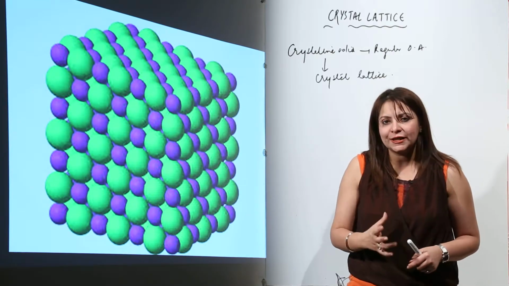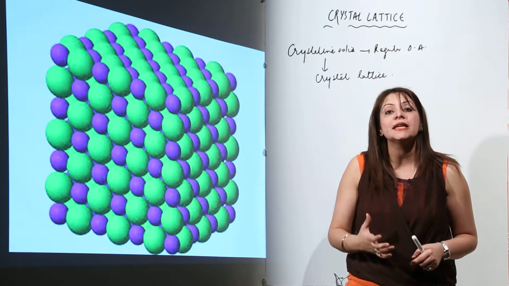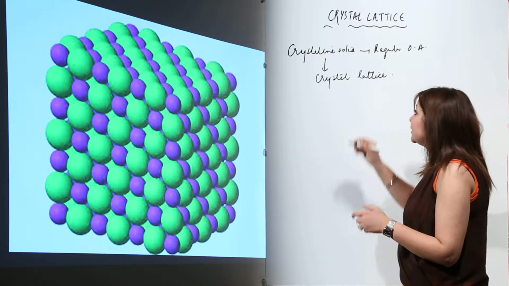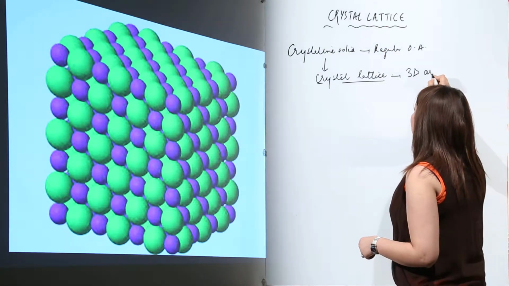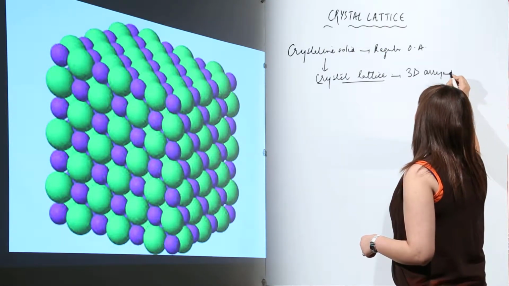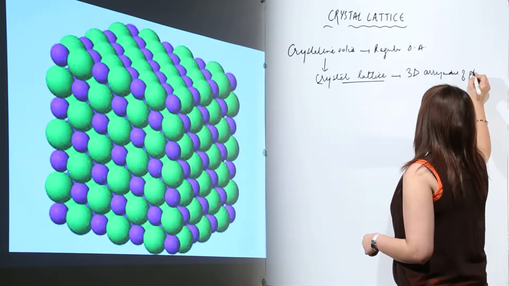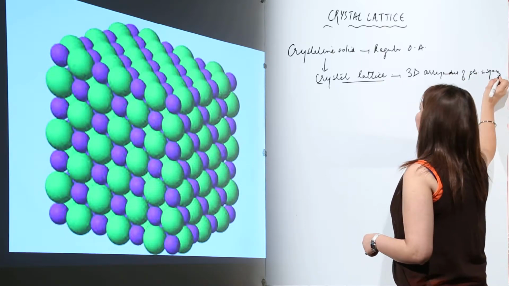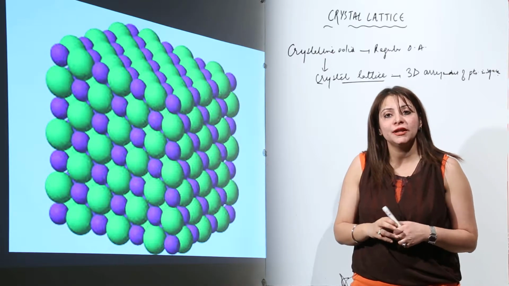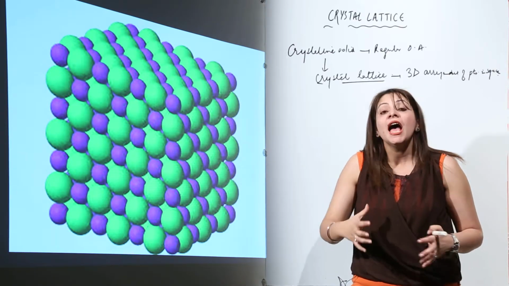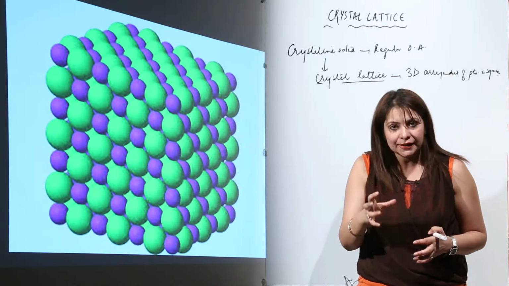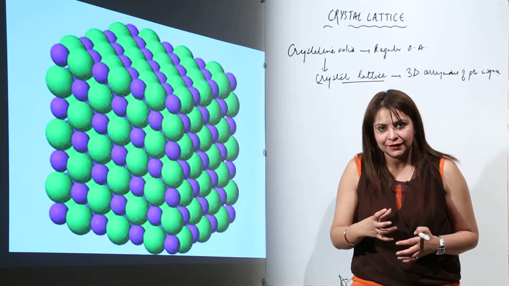So what is a crystal lattice? A crystal lattice is a three-dimensional arrangement of points in space. It is three-dimensional, that means it extends along the x-axis, y-axis and z-axis, and that arrangement of points in space is called the crystal lattice.